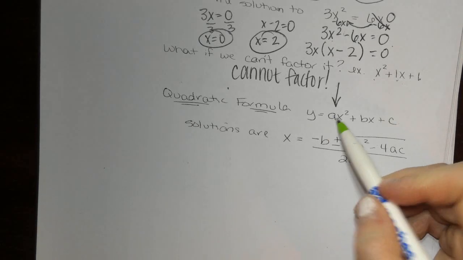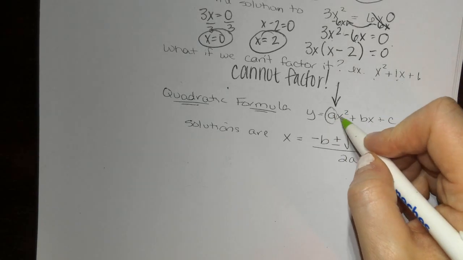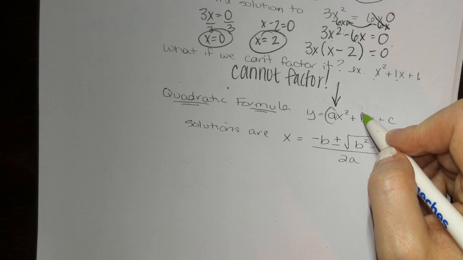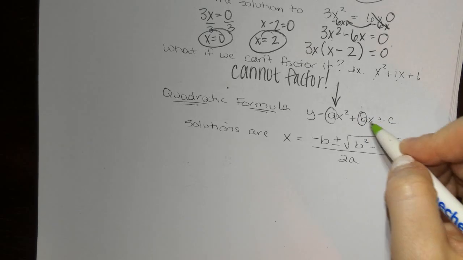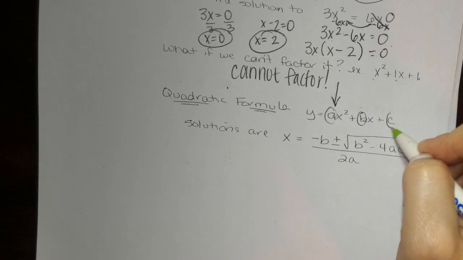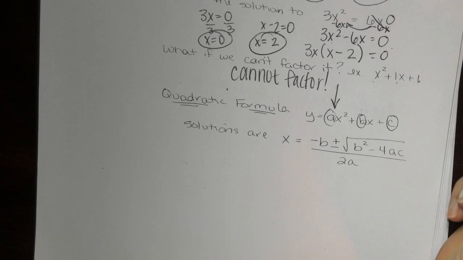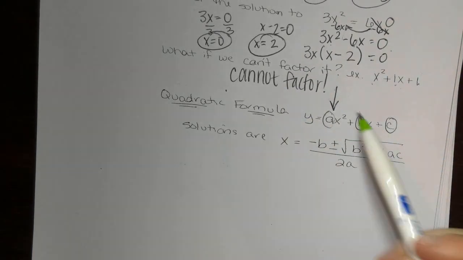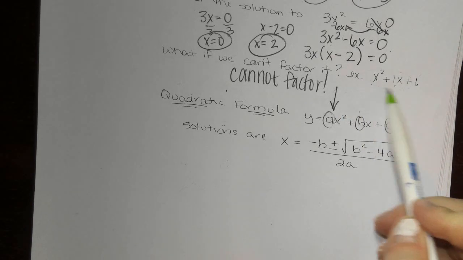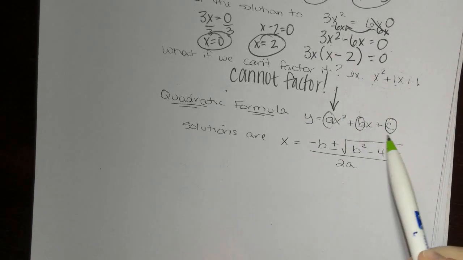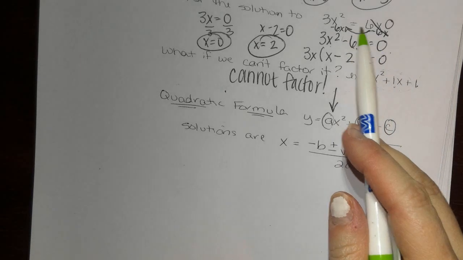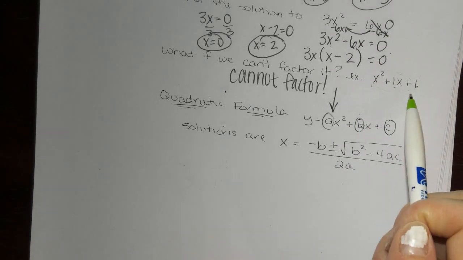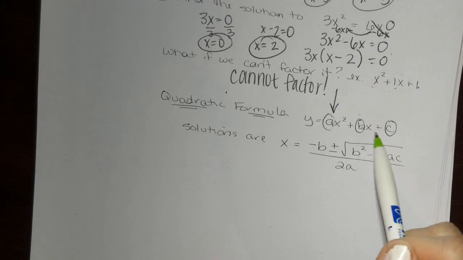We have a whole number here in x squared plus a whole number here in this b spot with an x, and then plus another whole number, which by itself is just a constant. So that's the pattern you usually see. That's the only way you can use the quadratic formula. Not when it's a binomial, but only when it's a trinomial and you cannot factor it. And it has to be in this pattern.